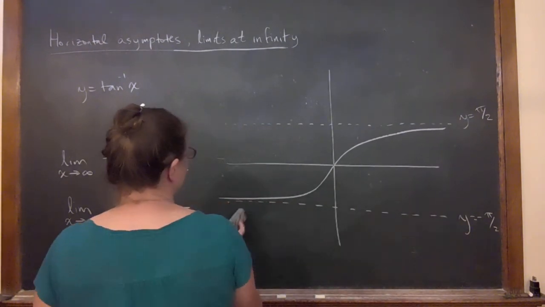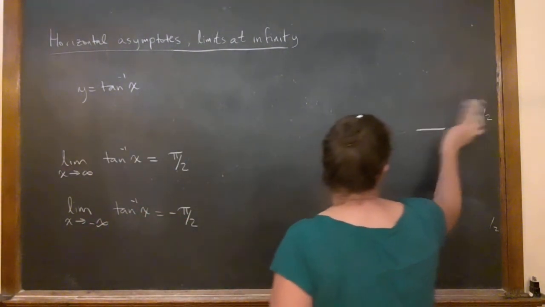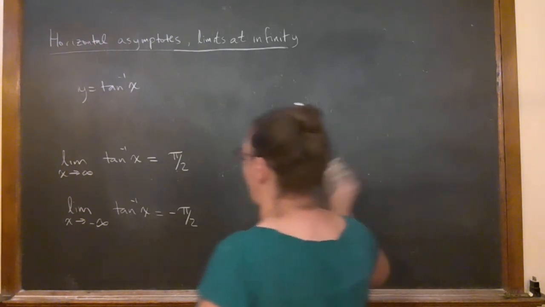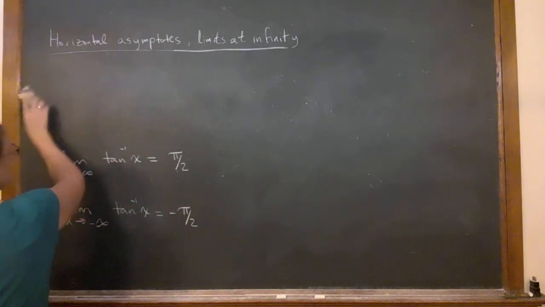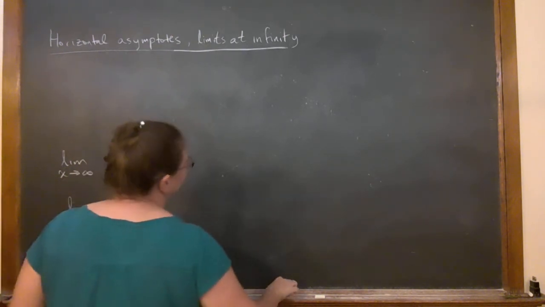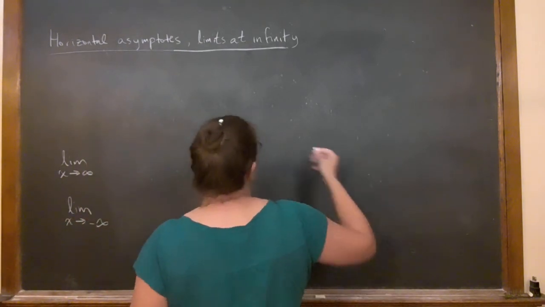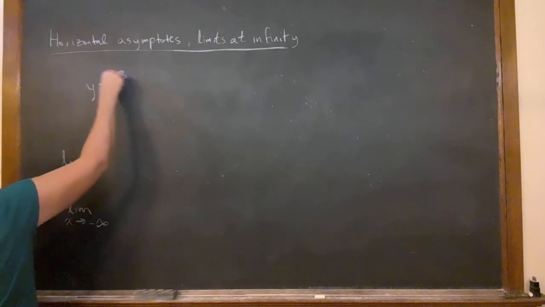Okay, so what happens if a function has no horizontal asymptotes? Well, we can still talk about the limit as you go out to infinity. So let me pick a nice function that we know very well. How about y equals x cubed?